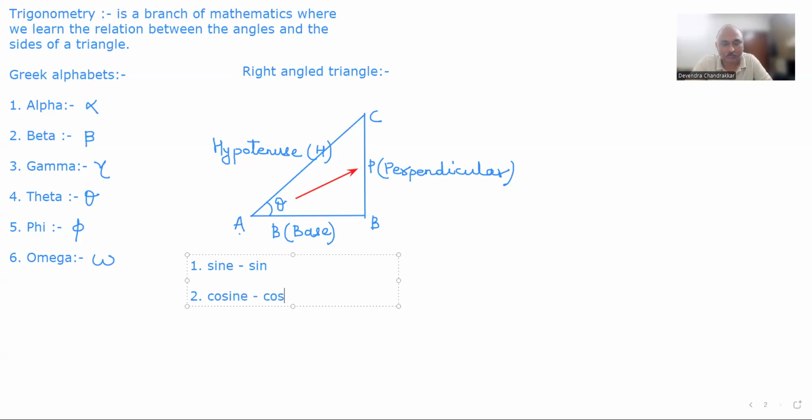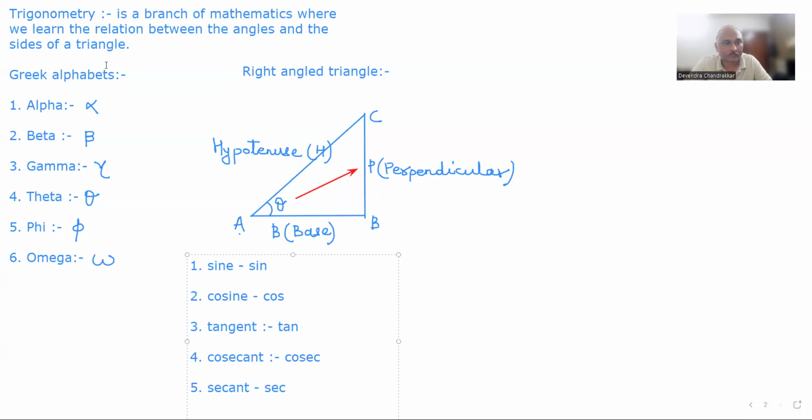In short, it is written as cos. Third one is tangent. In short, it is written as tan. Fourth one is cosecant. In short, it is written as cosec. Secant. In short, it is written as sec.